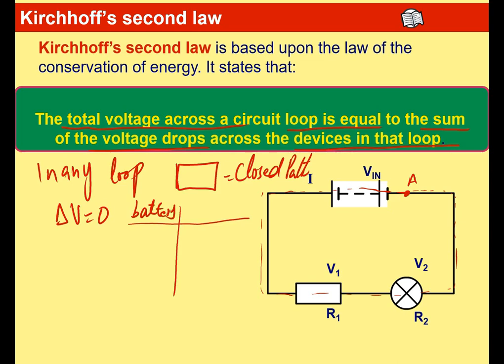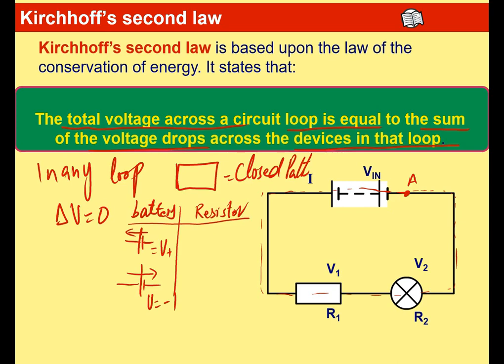For example, if we have a battery, let's say like this, a battery has two terminals. If we go from negative to positive terminal, we will gain voltage. We will say V is plus, and if we go in reverse direction, meaning if we go from positive to negative, we will say voltage is negative.